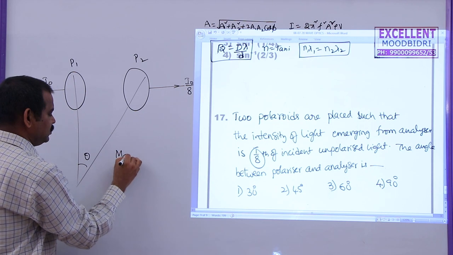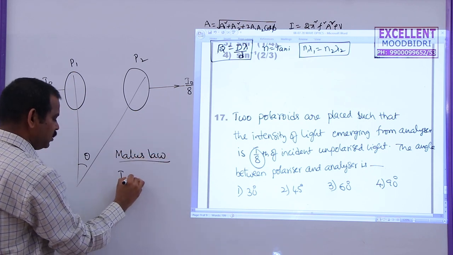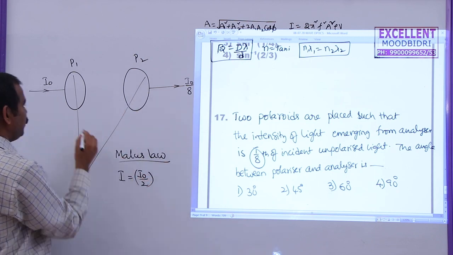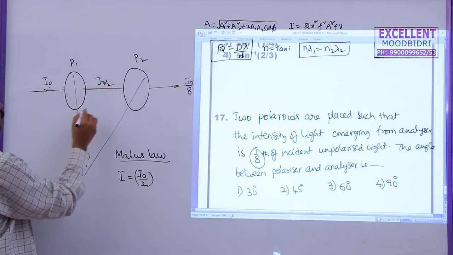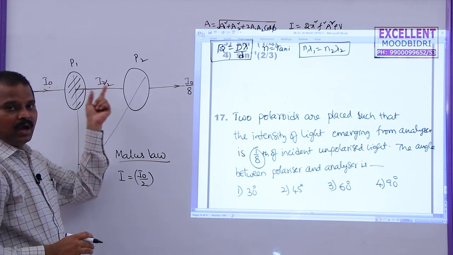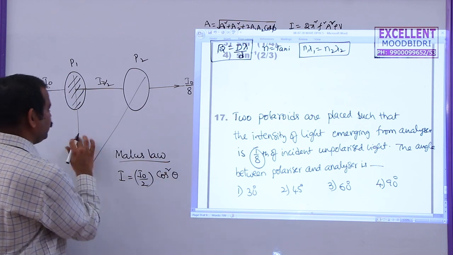According to Malus law, the intensity of the light emerging from the analyzer is equal to I naught by 2. Why? Because if it is I naught, this light is always half of the intensity of this one. That is, light emerging from the polarizer is always half of the incident light. I naught by 2 cos square angle between these two.